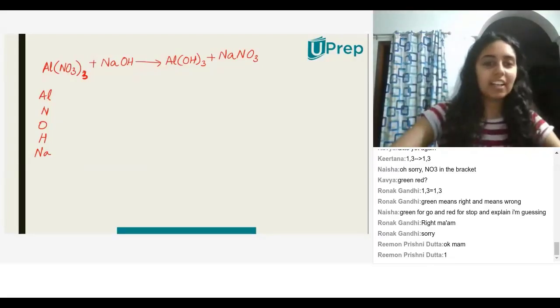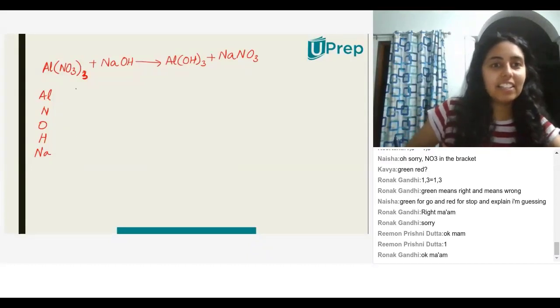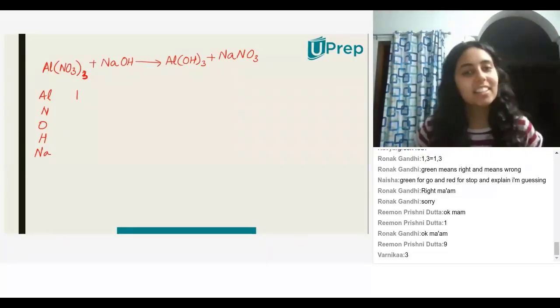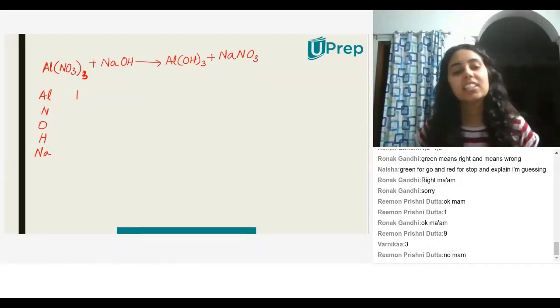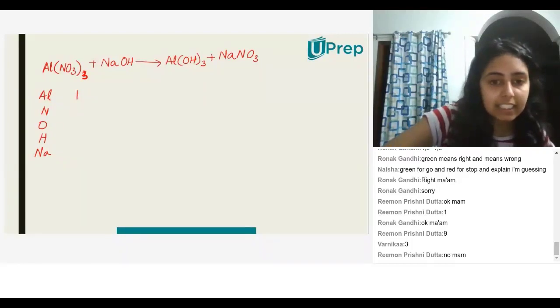Okay. What about nitrogen on the left-hand side? Varnika says there are 3 nitrogens. Okay, so it is not 9, it is 3. Let us take a look at how.